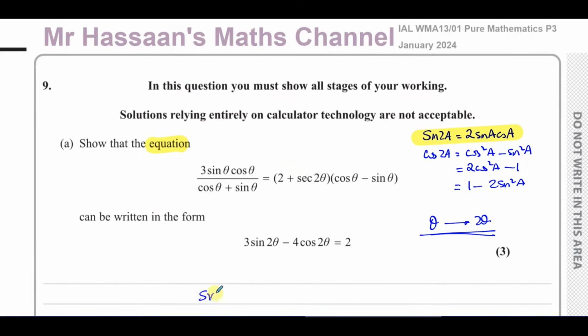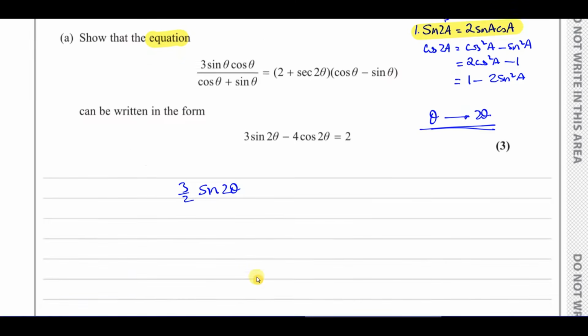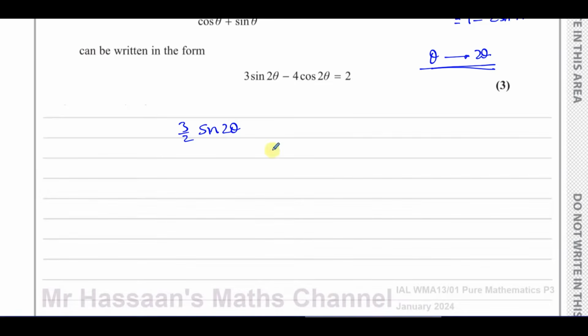And the 2 here became a 1, so this coefficient was halved when going this way. When you want to convert from this form to that form, this coefficient 2 became 1. So this 3 is going to become 3 over 2. So I've now converted this into the form of a double angle.